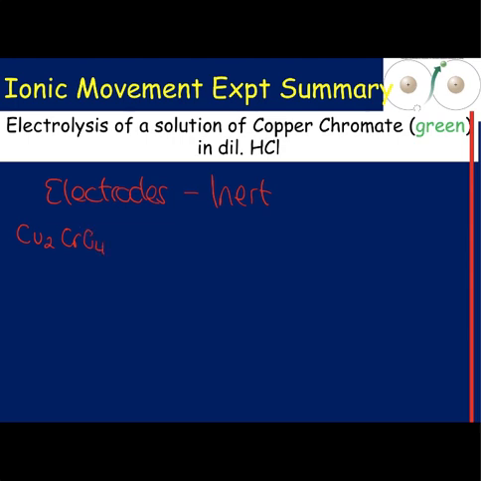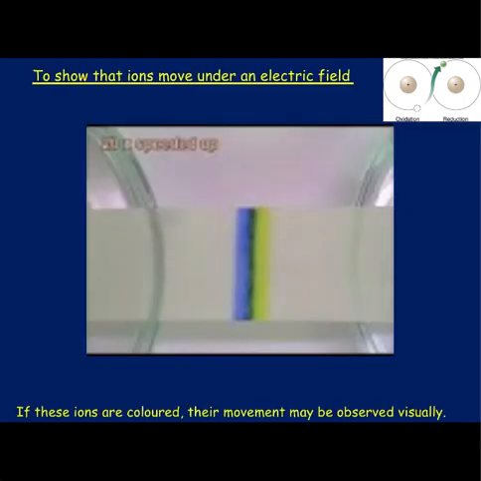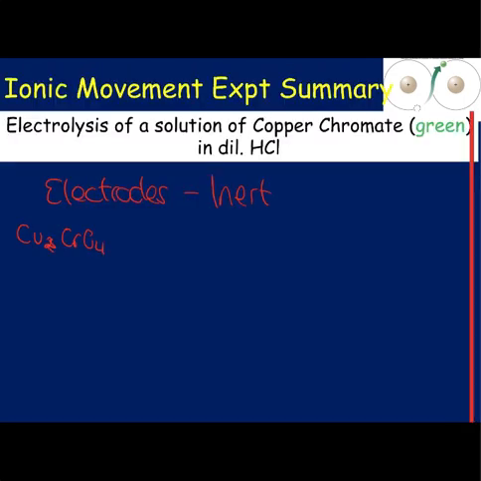So the copper chromate is green in color, so if you want to just stick green above the word. Our electrolyte is just dilute HCl. So that's going to carry our current.